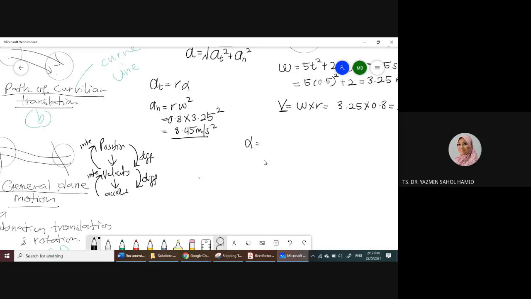So let's say the angle, theta, then angular velocity, and then angular acceleration. It's the same concept. From angular velocity to angular acceleration, you have to differentiate. However, from angular acceleration to angular velocity, you need to integrate. It's the same concept.